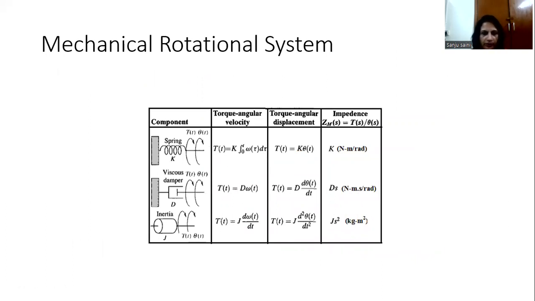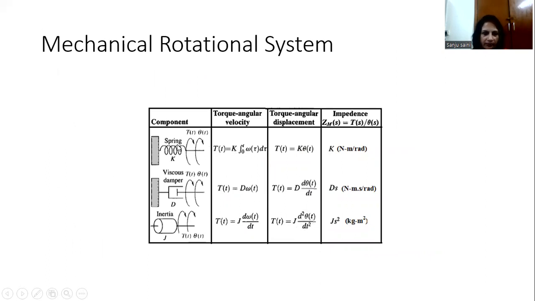So in the rotational motion, the displacement is represented by θ(t), that is the angle. The linear velocity is replaced by angular velocity, that is dθ/dt, and the linear acceleration a is represented by the angular acceleration, that is d²θ(t)/dt².